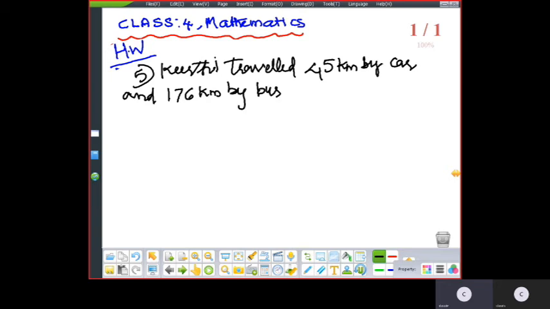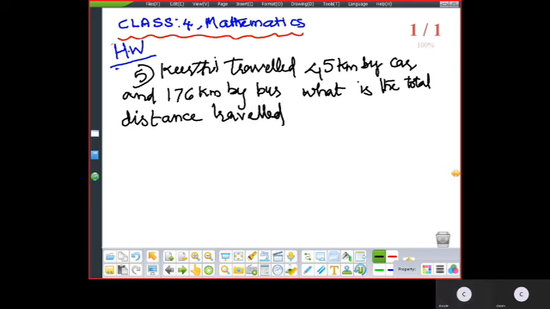What is the total distance? Total distance traveled by Kirti.